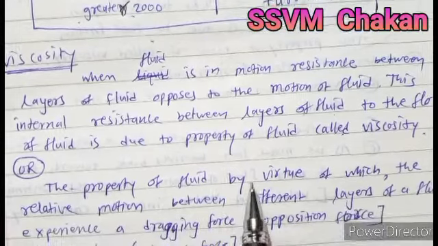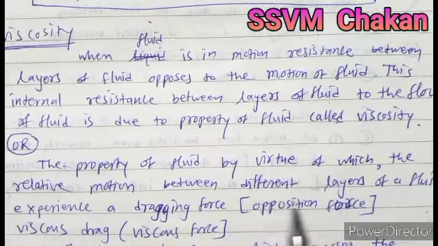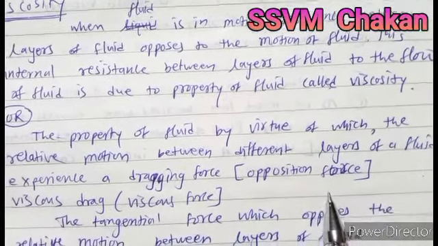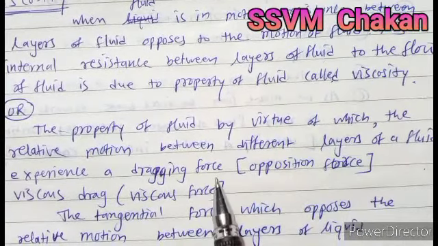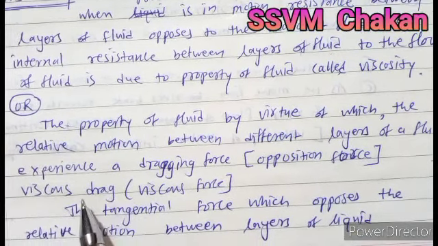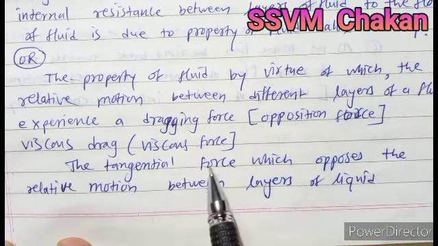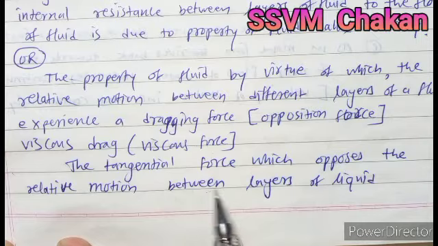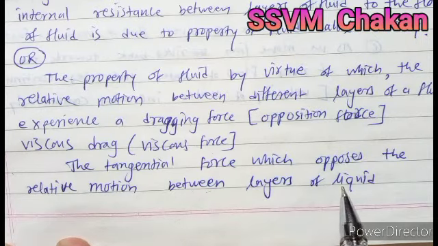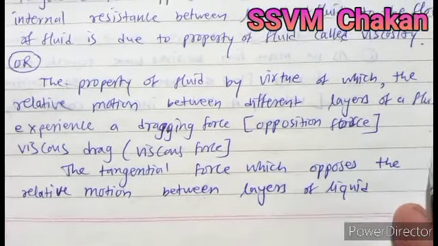The property of a fluid by virtue of which relative motion between different layers of a fluid experiences a dragging force, that is, an opposition force. That dragging force is called viscous drag or viscous force. The tangential force which opposes the relative motion between the different layers of a liquid is called viscous drag or viscous force.